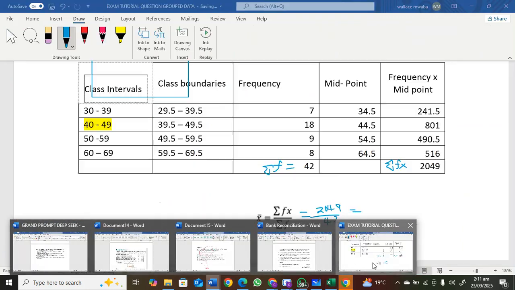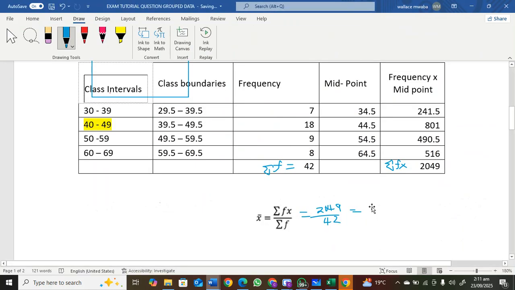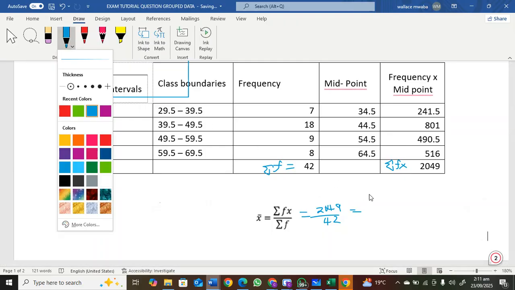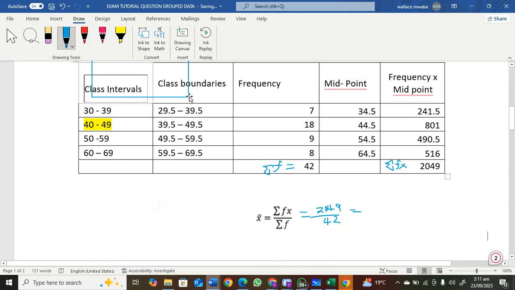Right, so since our class boundary is at one decimal place, so we'll say 48.8. This is our mean.